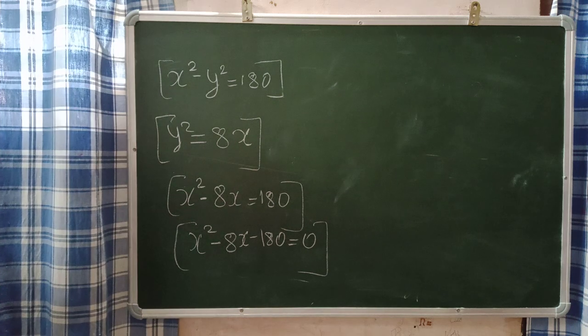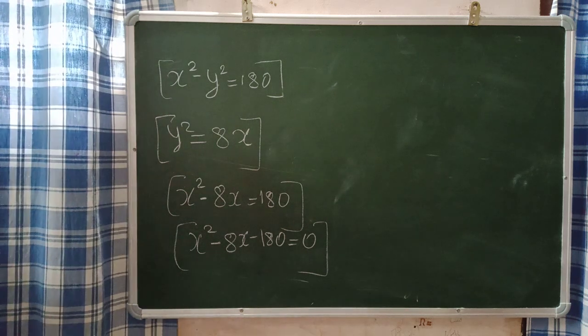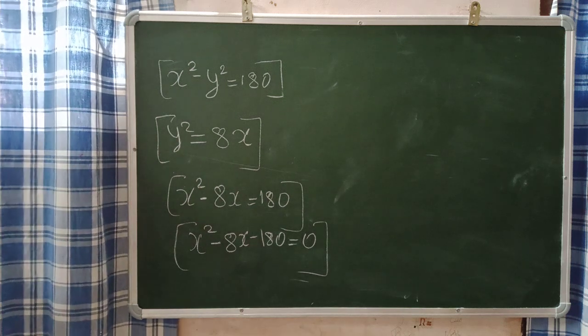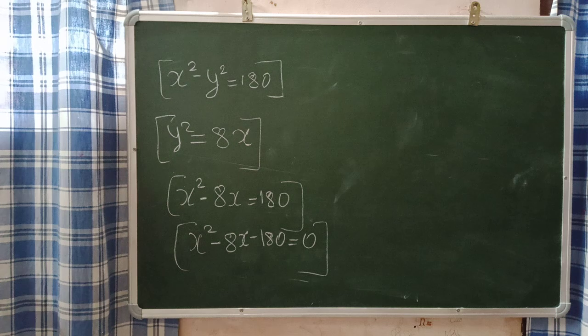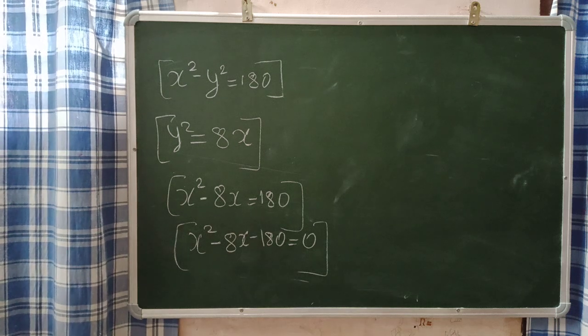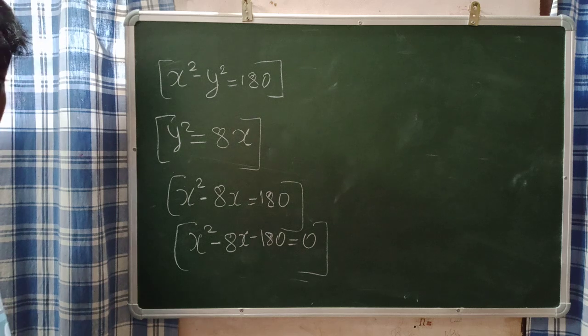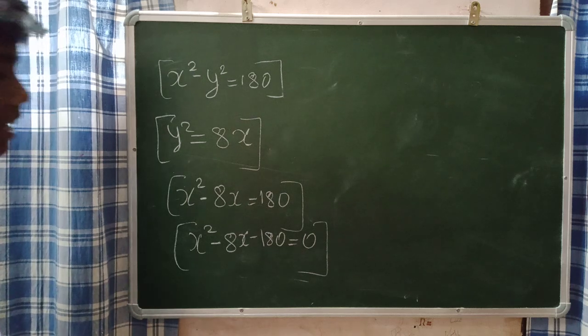Now, what you can do? You can factorize, or otherwise you can use the quadratic formula itself. So, by what can we factorize? Wait guys, we need to think. 180 we are having.